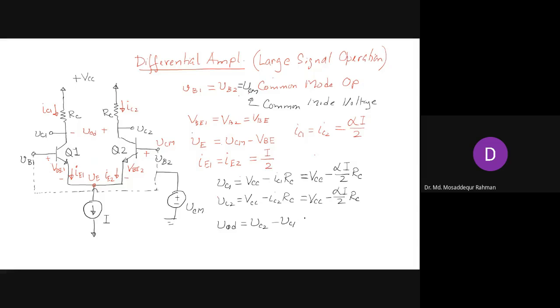Since these two are the same, the differential output voltage is 0. So this is the common mode operation, how the circuit will behave, what the currents and voltages will be at the different nodes. VC1 is the same as VC2, right? And we have the voltage at each of these nodes, but the differential output voltage is 0 since both these voltages are the same.